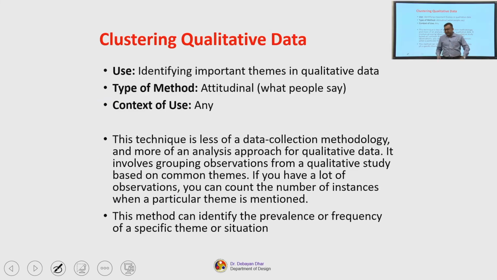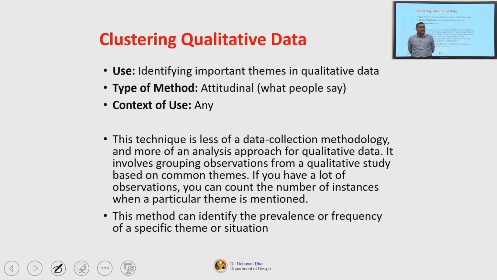The next one is clustering qualitative data. Now, when I say clustering qualitative data, what comes to your mind first? Do you remember something? Any technique that we have discussed? Can you remember protocol analysis, the techniques that we have discussed, what we do with open codes, axial codes?